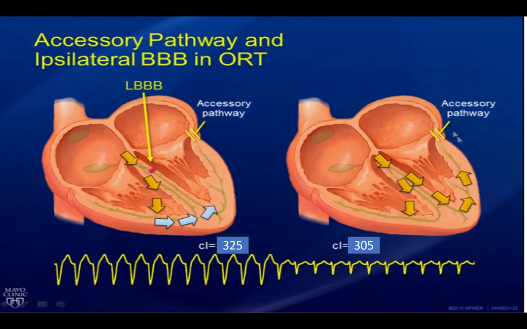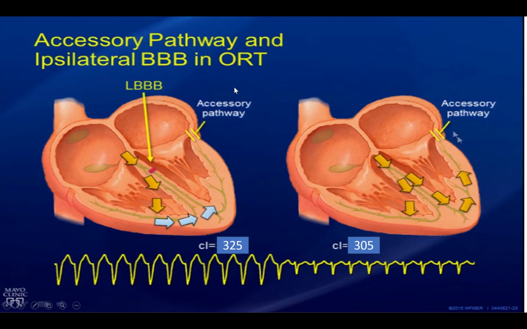We can understand this. At the left side, the patient developed sudden left bundle branch block in this orthodromic accessory pathway tachycardia. So the impulse goes down the AV node, then takes a long way. It reaches through the right bundle, ventricular activation, retrograde accessory pathway, then atrium.